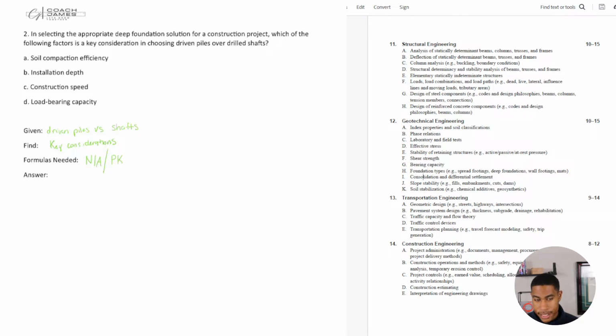Okay, so let's look at drilled shafts. I've never seen drilled shafts, but from the research that I've done, they're also known as bored piles. They're created by excavating soil to form a hole and then placing reinforcement and concrete into the hole. I have seen this as well.